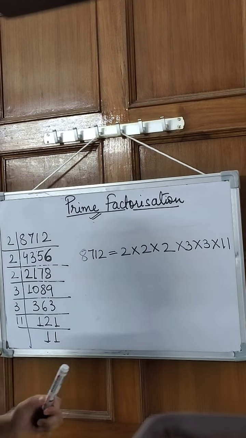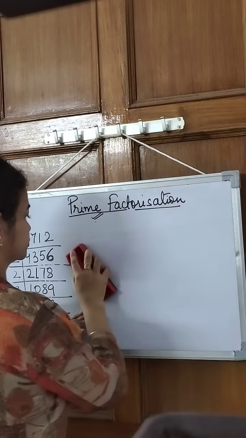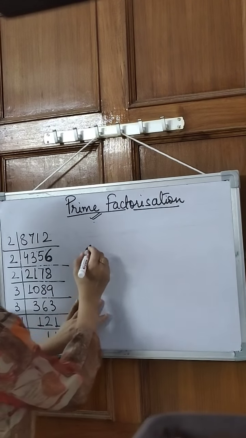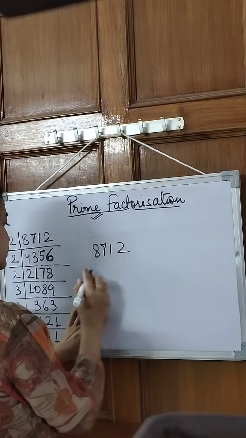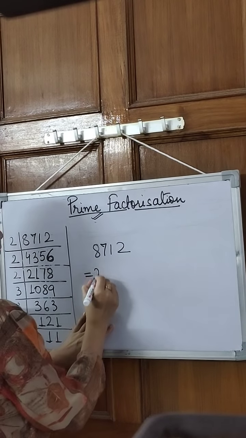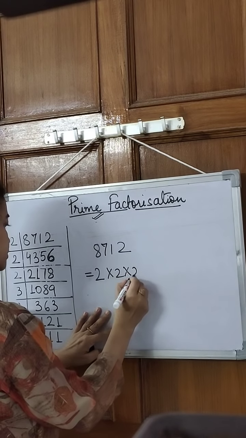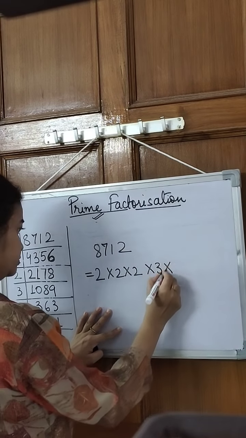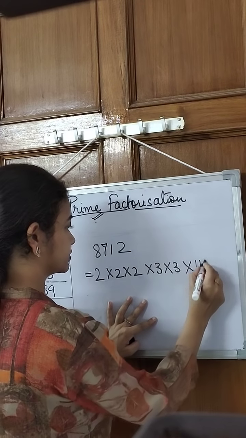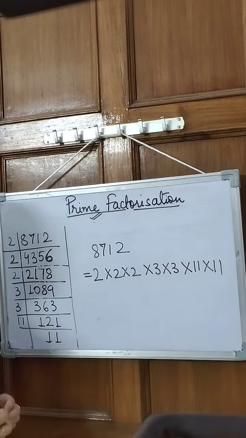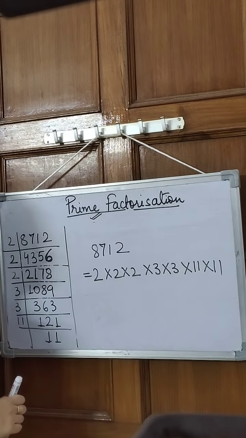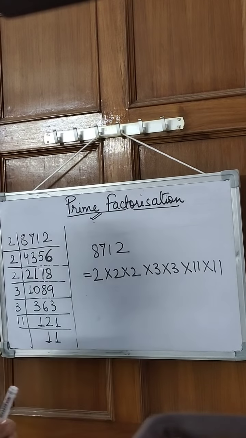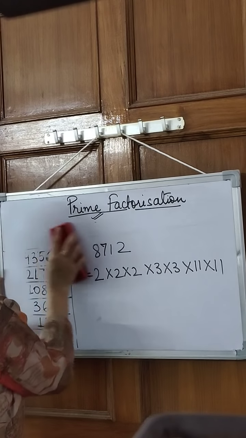Let me write all the factors together: 2 times 2 times 2 times 3 times 3 times 11. So these are the prime factors, or you can say this is the prime factorization of this number 8712.